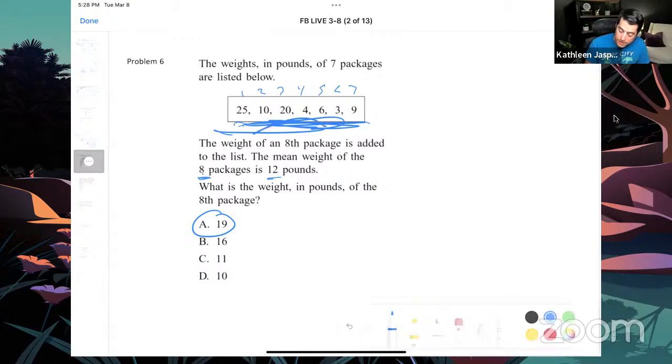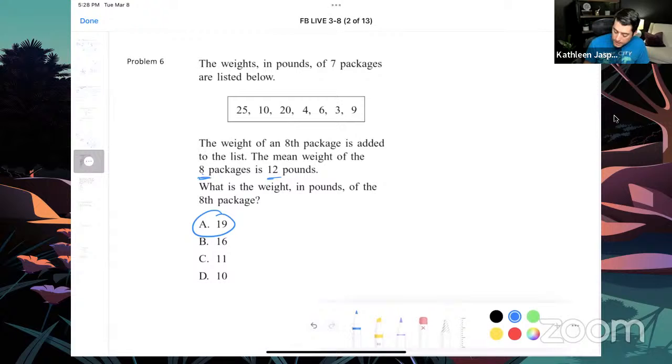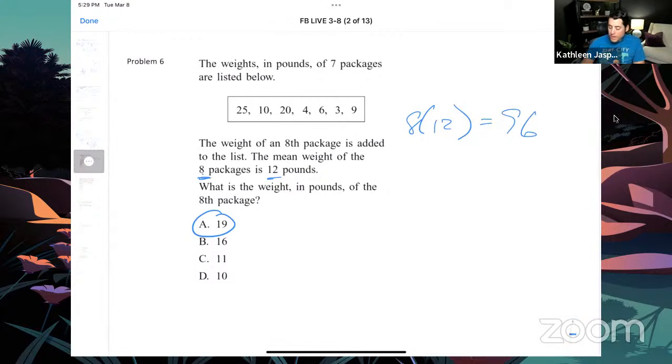But because they give us that information, and we're looking for that last one, if I just figure out 8 times 12, 8 times 12 is equal to 96. So no matter what the 8 packages are, all of them added together is going to give me 96. Doesn't matter how you distribute it. It just matters that the total weight of everything is that 96, in this case, pounds.